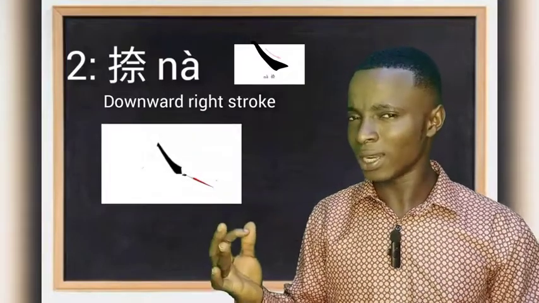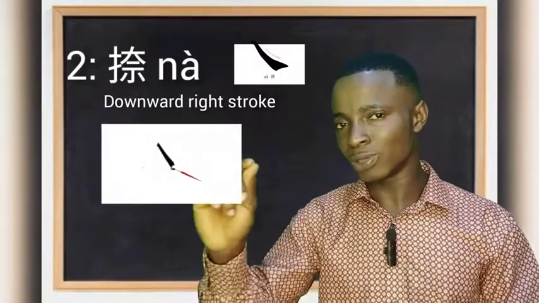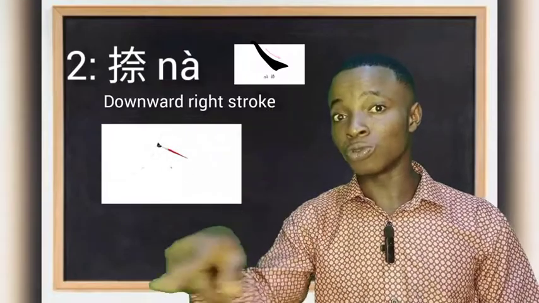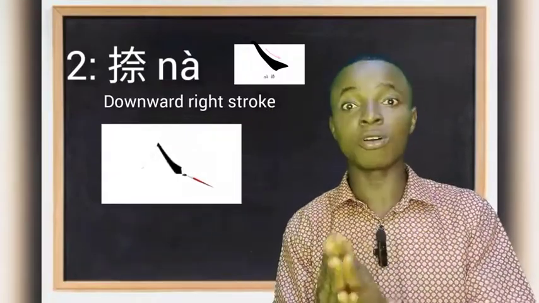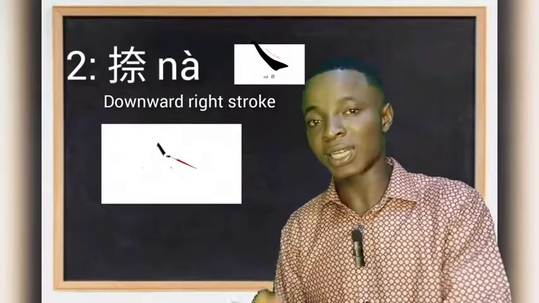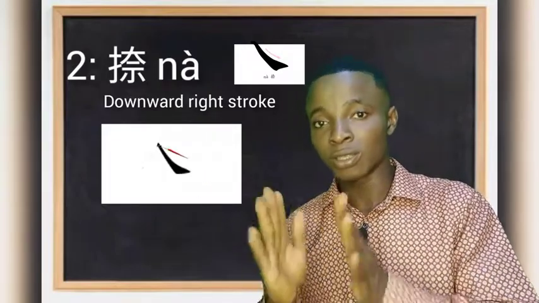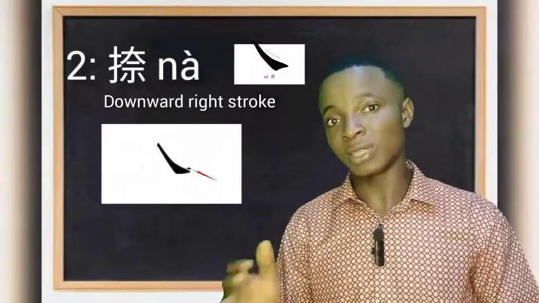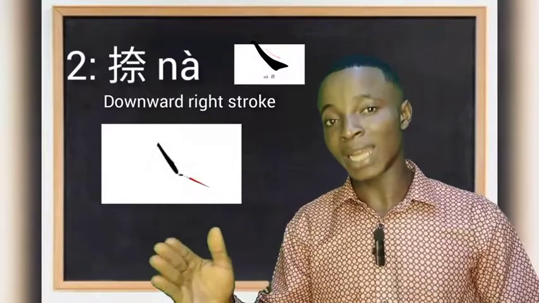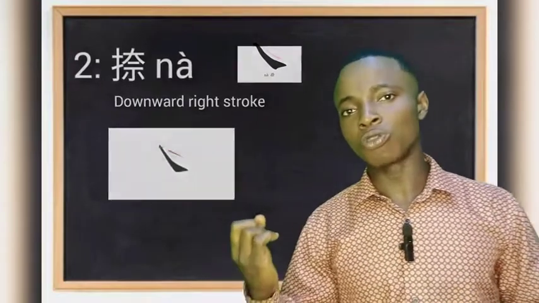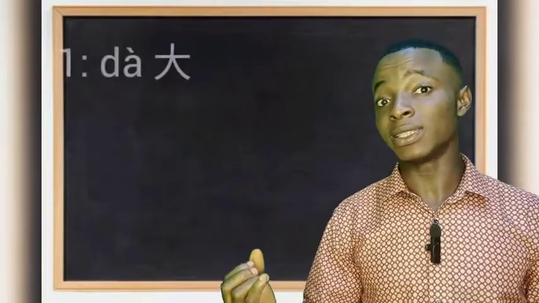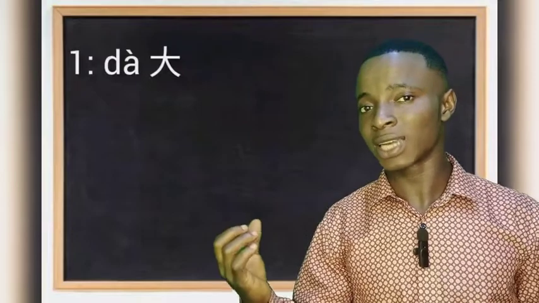You can see that when we write this stroke, it is written from top to right bottom, just like the opposite of Pie. The difference is that the other one is written top to left bottom, but this is written from top to right bottom.